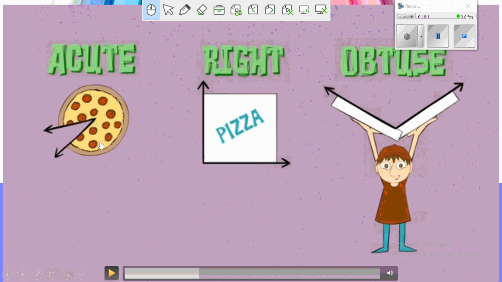If I bring the box of a pizza, I take away the pizza from the box. If I pick a slice, here I make an acute angle. And the angle of my box is a right angle. And if I open the box, I make more than right, which is an obtuse angle.